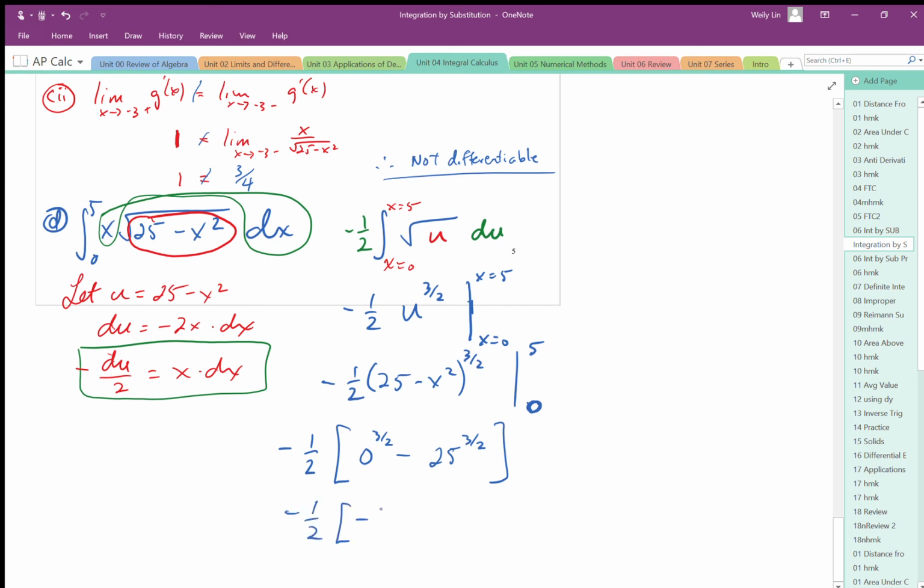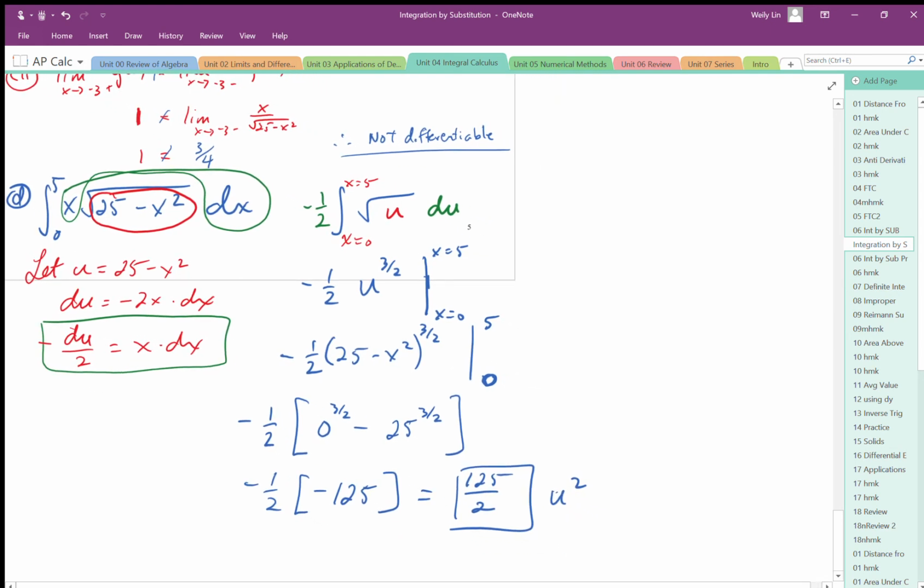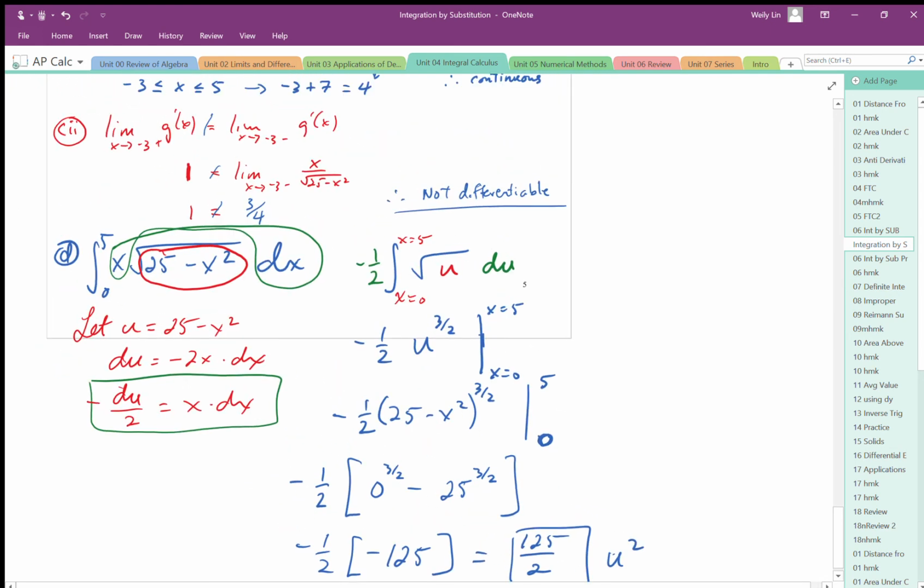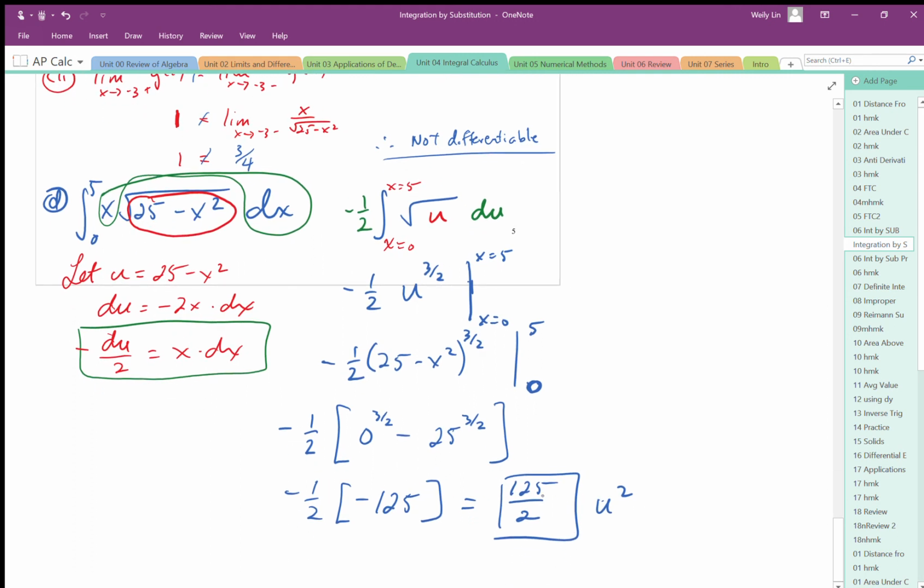I get negative 125, and that works out to be positive 125 over 2 thirds of that. Okay, so there is my answer, and this is units squared. This is the area above that curve. We could also think of the displacement, where the antiderivative is going to be 125 over 2 thirds. All right.